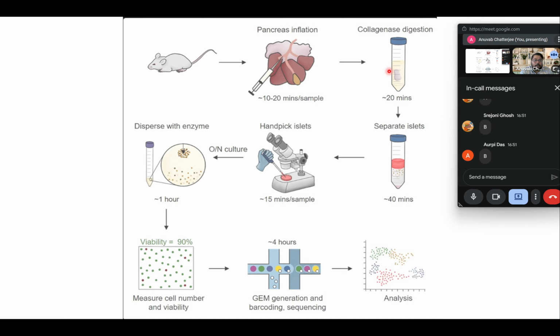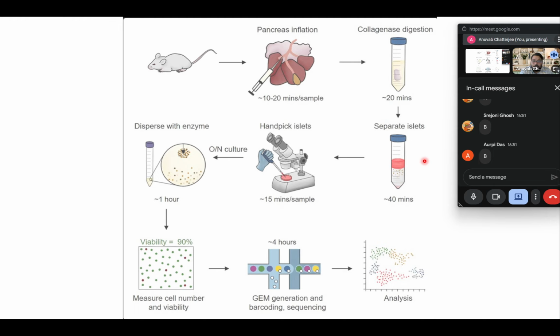Then you can culture them, and depending on the culture you can essentially pick out the cells, or for our interest we can proceed from this step only, where the entire tissue has been disintegrated into single cells.